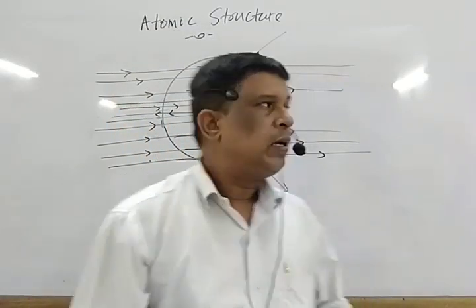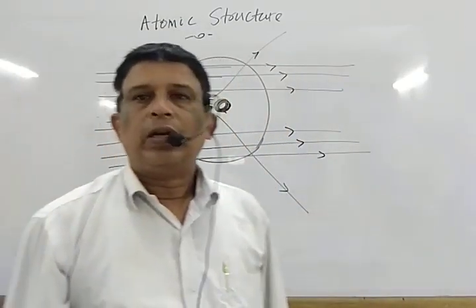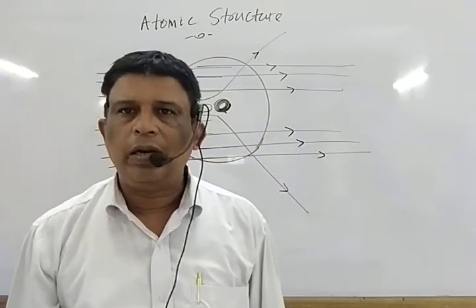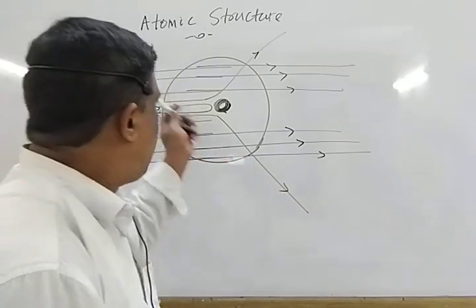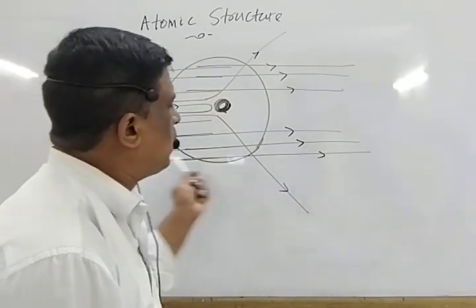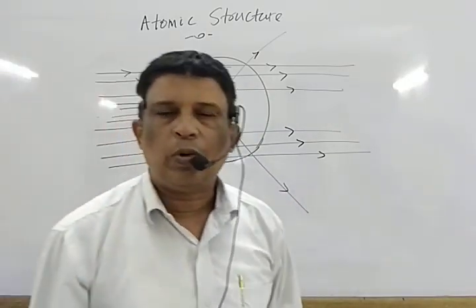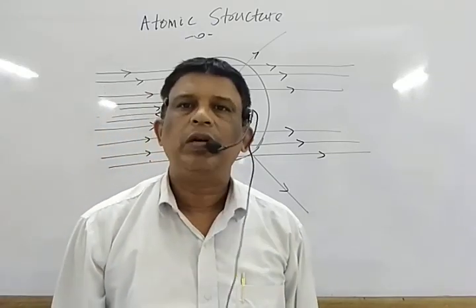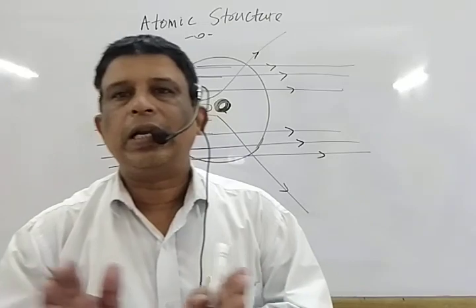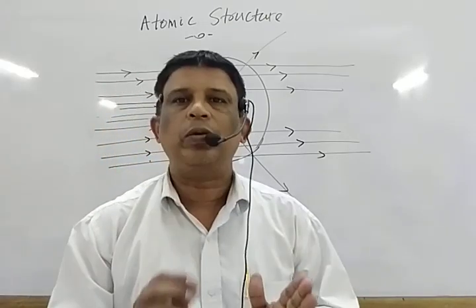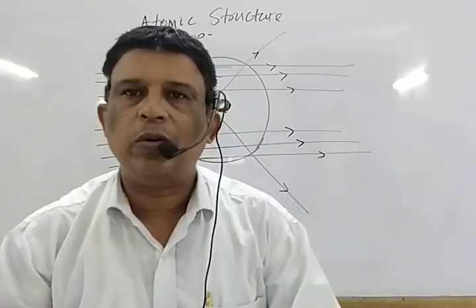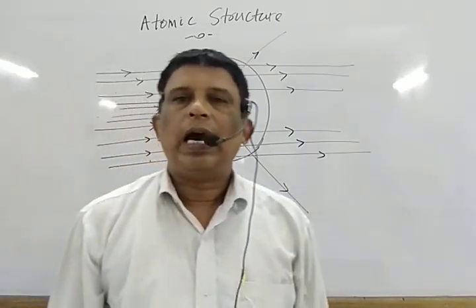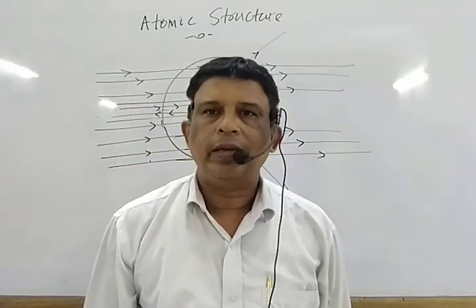I repeat again, maximum alpha particles penetrate straight through the gold foil without any deviation. Few of them deviate, making some angle, while a very few, about 1 out of 20,000, deviate making an angle of 180 degrees.